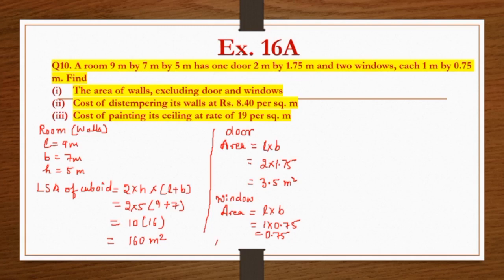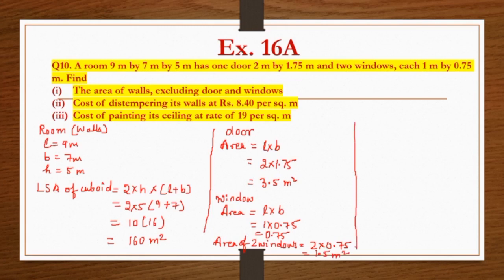But if I want to find area of two windows, that will be this multiplied by 2. So let's solve. 2 multiplied by 0.75 is 1.5. So it means 1.5 meter square is the area of two windows.